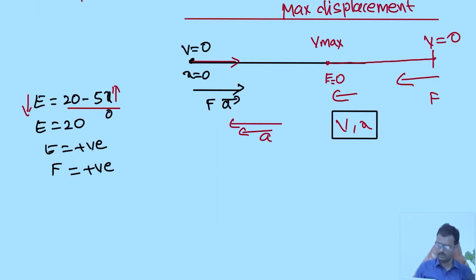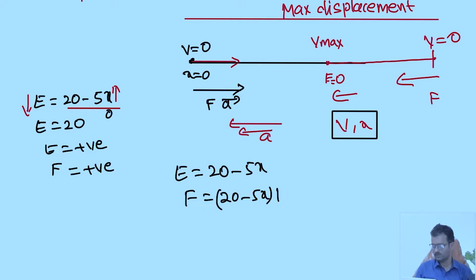See here, E is given as 20 minus 5x. So you know F is equal to EQ. Q is given as 1 coulomb, E is given as 20 minus 5x. So 20 minus 5x into 1, that is 20 minus 5x. F is equal to MA. We know that M is equal to 0.1.